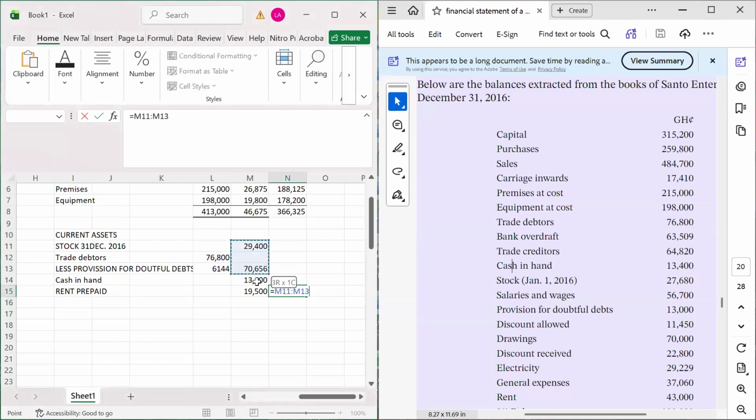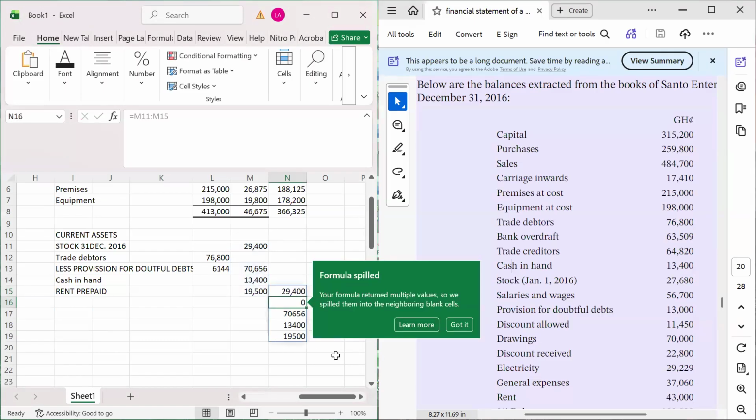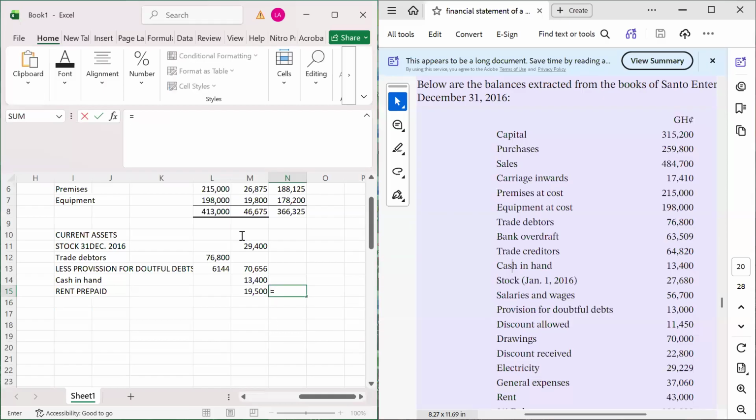Equals this. So this is the total current assets.